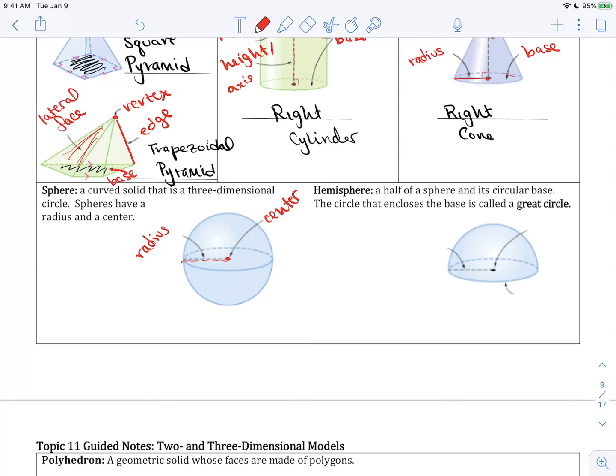A hemisphere is a half of a sphere and its circular base. The circle that encloses the base is called the great circle. So on the bottom here, that's the great circle. And just like the sphere, this dot here is our center and our radius.